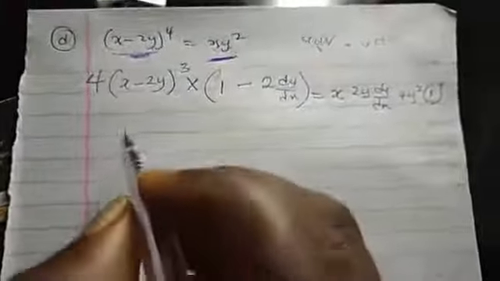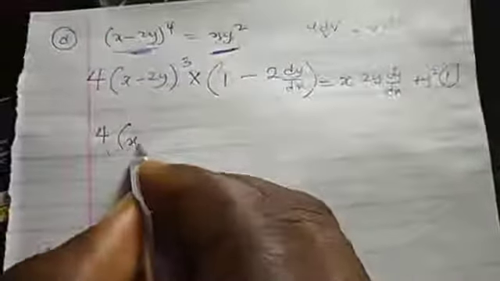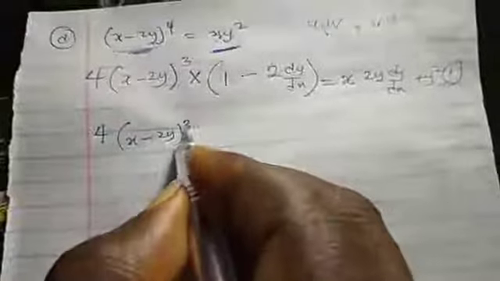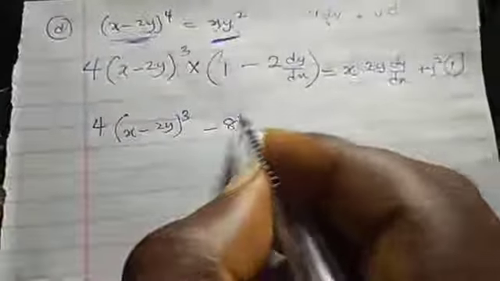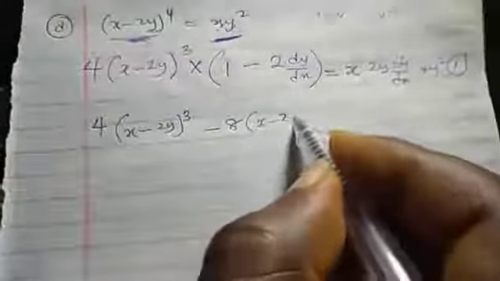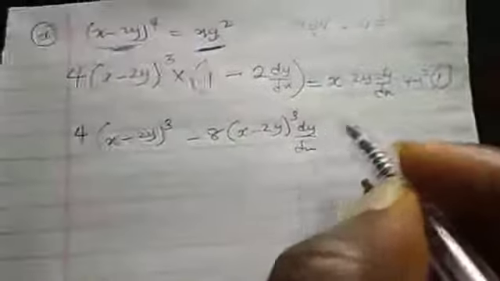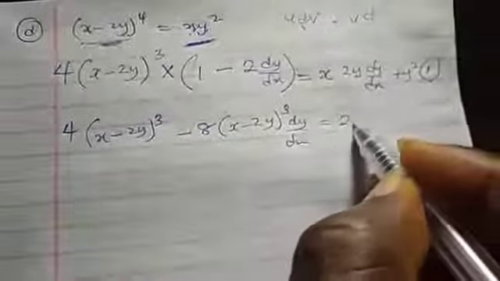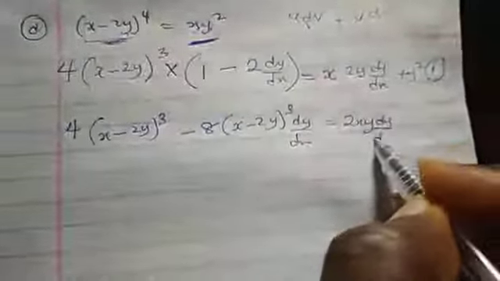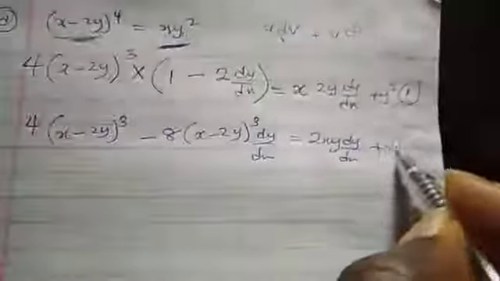So from this place, I will just find a way of making dy/dx the subject of the formula. And if I expand this, I'm going to have 2y raised to power 3 minus 8 into x minus 2y raised to power 3 dy/dx is equal to, this one is 2xy dy/dx plus y squared.